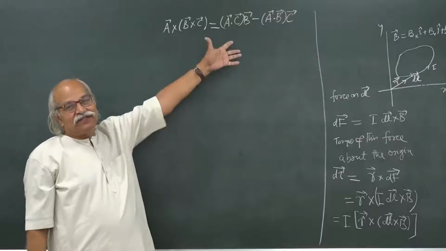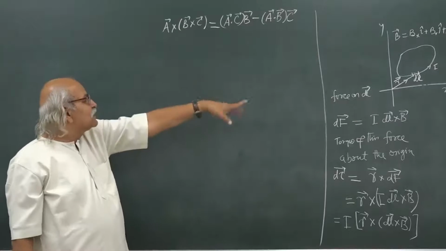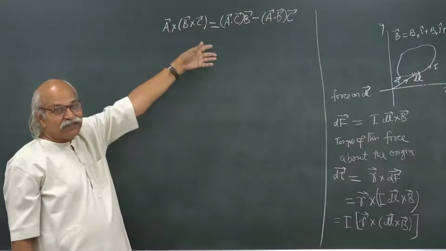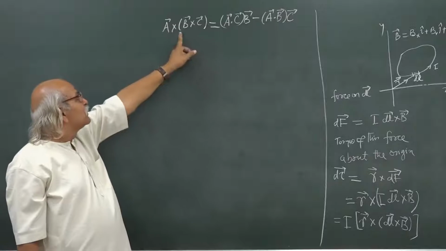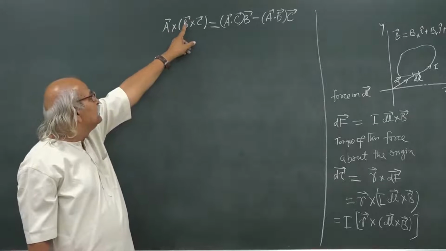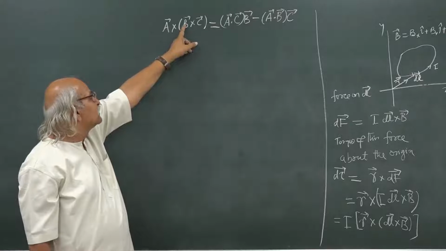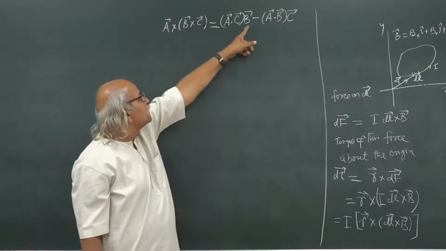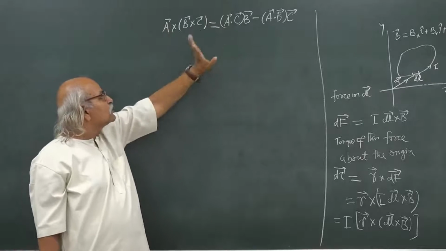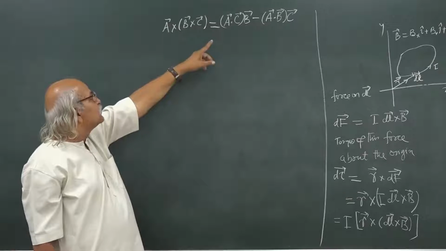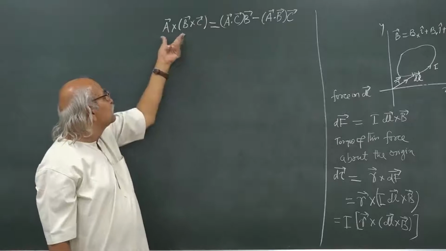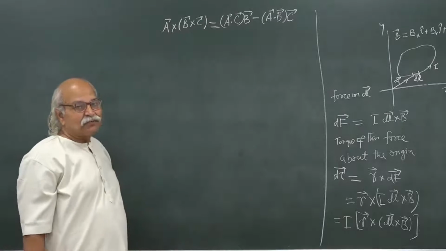You can prove this very well if you just take origin x, y, z axis, write in components. And to remember, the first vector in this bracket is to be taken out, and the rest two are put as dot product, and then minus this has to be taken out, and the rest two are put as dot product.